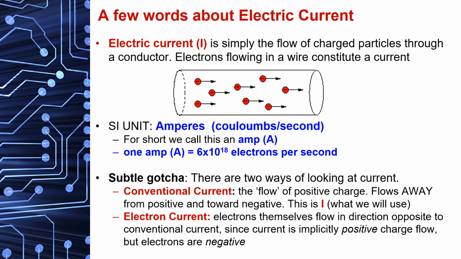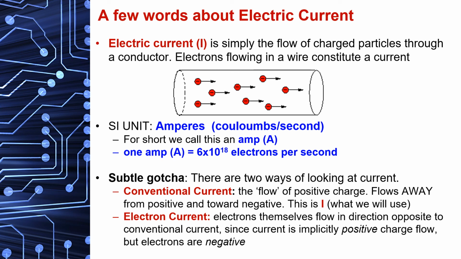What's actually flowing are the electrons, but we think of it this way as a flow of positive charge so that the current flows away from the positive side or terminal of a battery, let's say, through the conducting pathway of the wire and back toward and into the negative side of the battery. This is what we are going to call current, and we're going to use the symbol I.